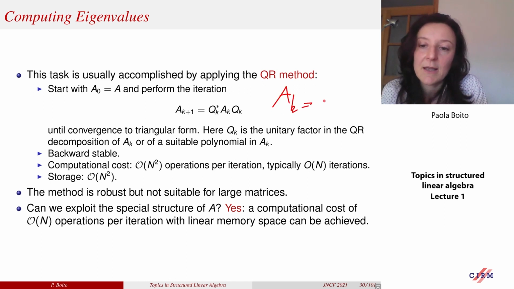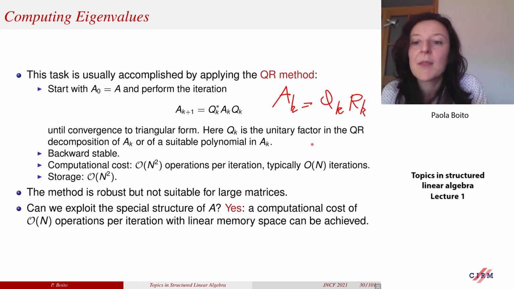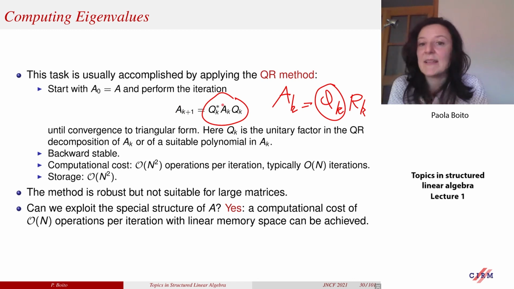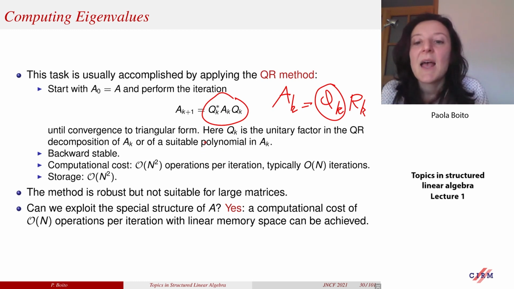So we take Ak and compute its QR decomposition, unitary times upper triangular. Then we use this matrix in this way to generate a new matrix, Ak plus 1, which clearly has the same eigenvalues as Ak, okay?